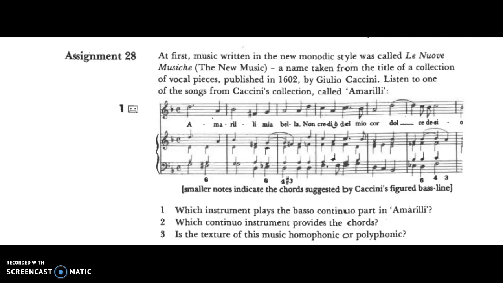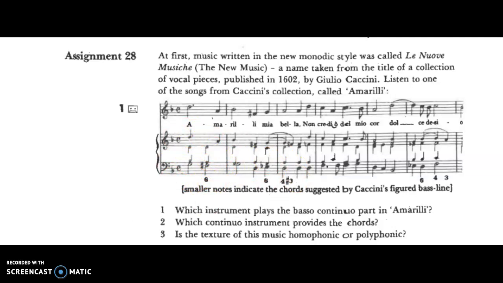from the collection. Now last week we discussed that we have a line for the soloist on top, and that this was not written out. We had the bass line written out for the instrument playing the basso continuo, and that the smaller notes indicated the chords that he wanted, every note that he wanted, every chord that he wanted there.